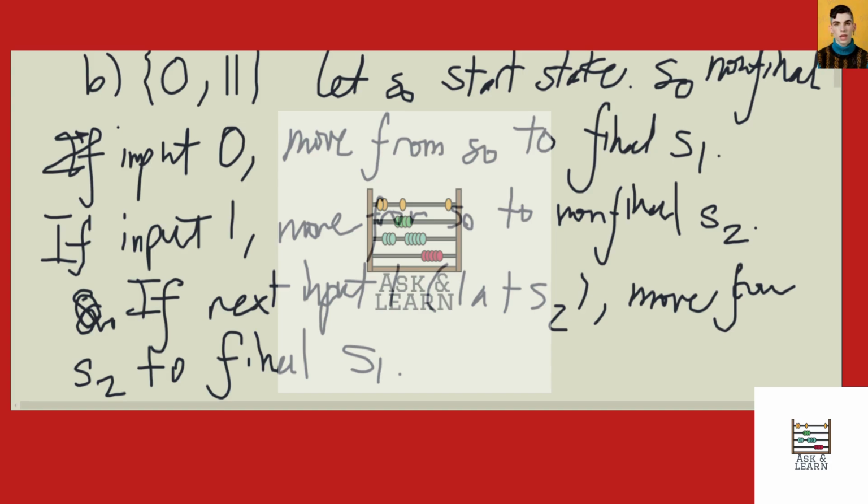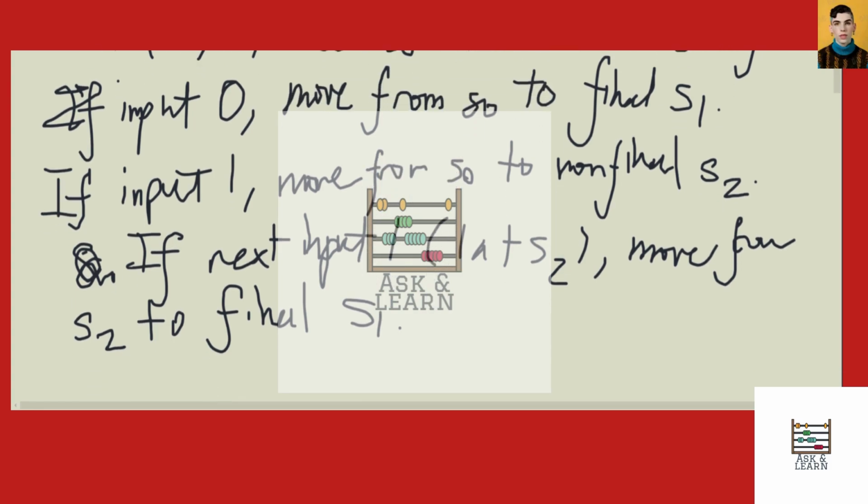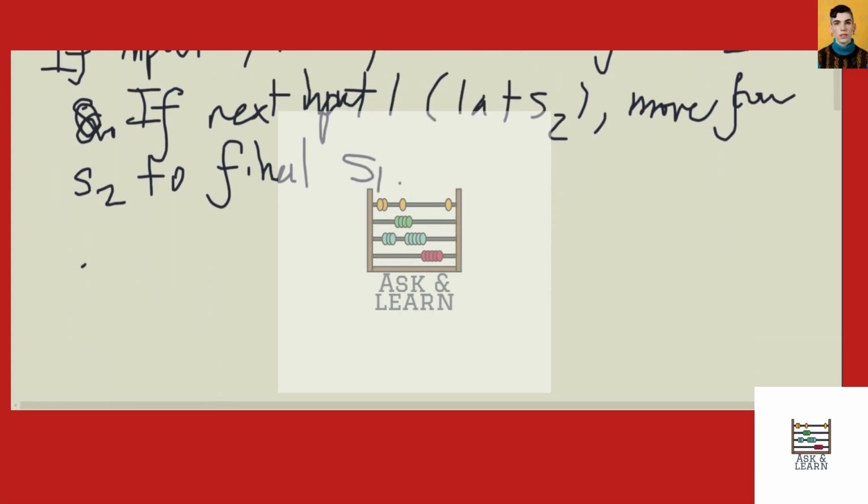In part C, we're given the set {0, 1 1, 0 0 0}. In a sense, we'll be adapting the previous machine to make this machine. So once again, we'll let S0 be a start state.